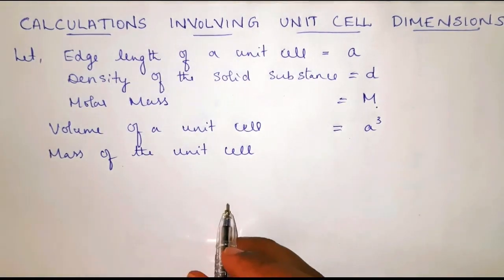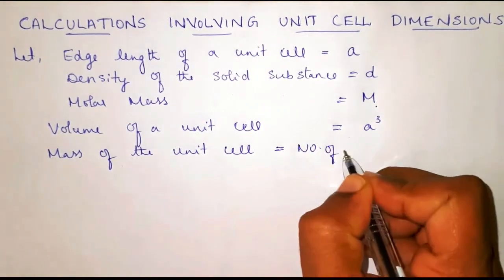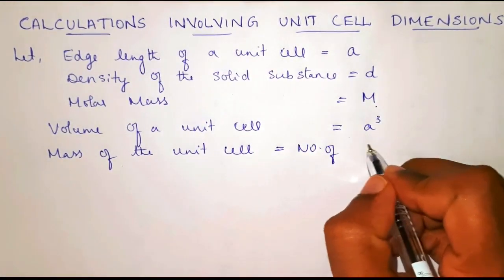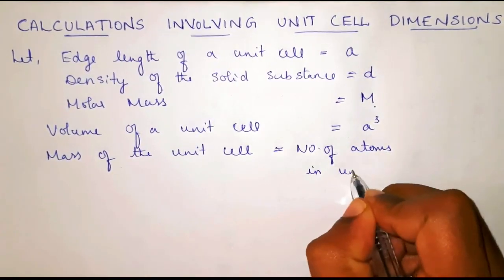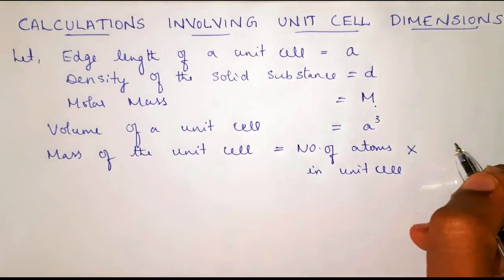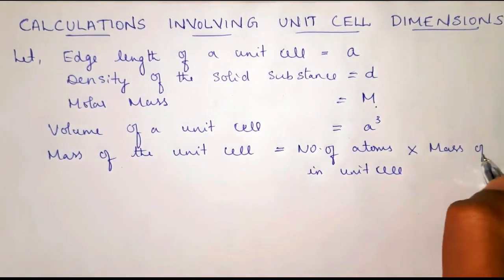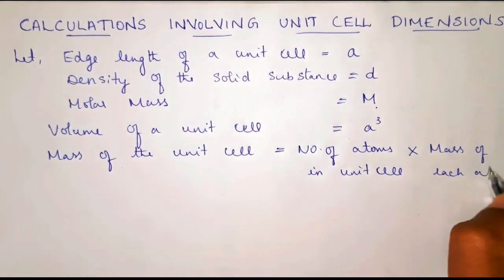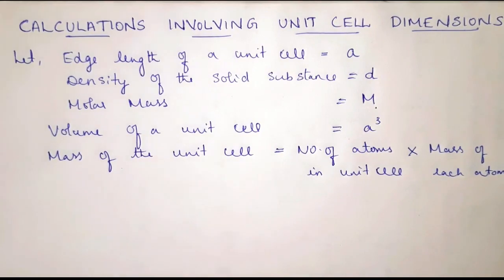Similarly, the mass of the unit cell is equal to the number of atoms in the unit cell multiplied by the mass of each atom.